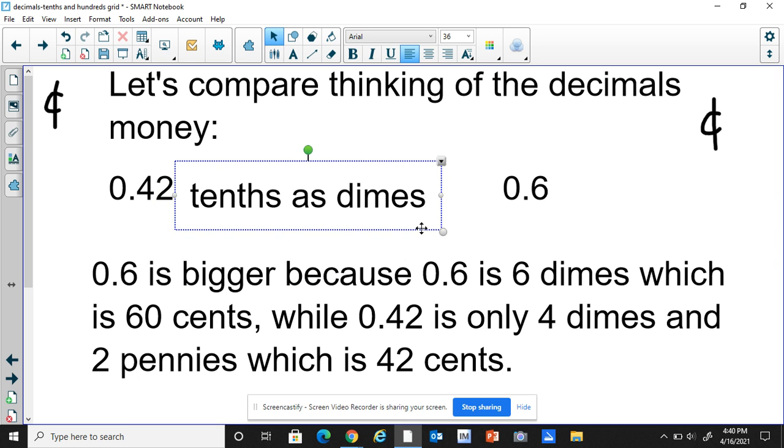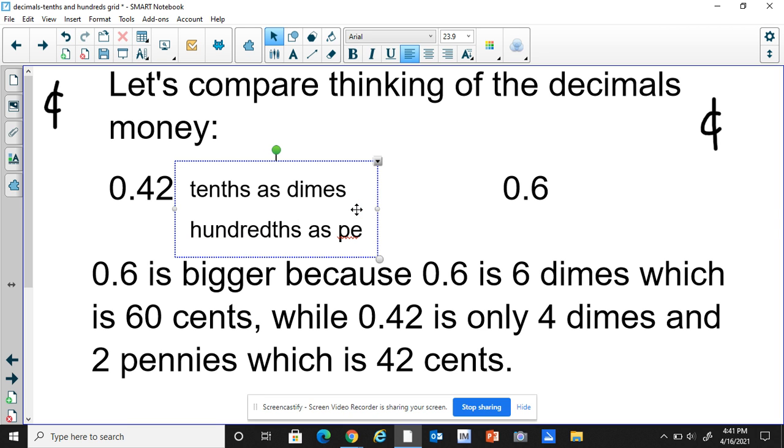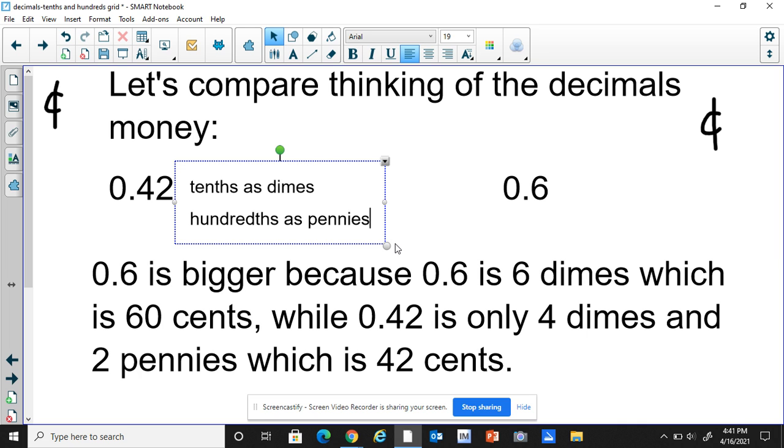And then the hundredths place, think of the hundredths as pennies. Remember, tenths, it was 10 of them. And then hundredths, it takes 100 of them. So 100 pennies is in a dollar. And then 10 dimes is in $1.